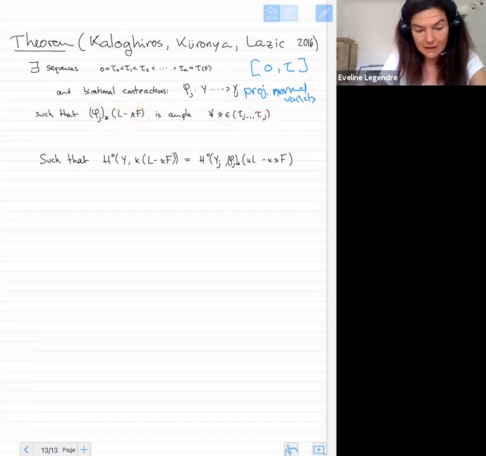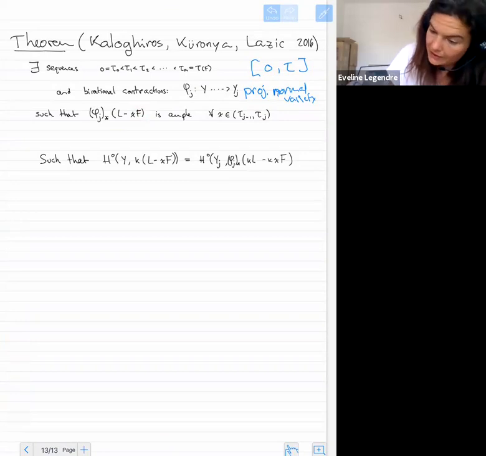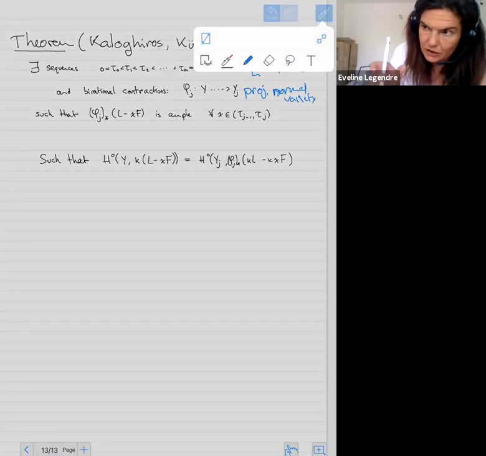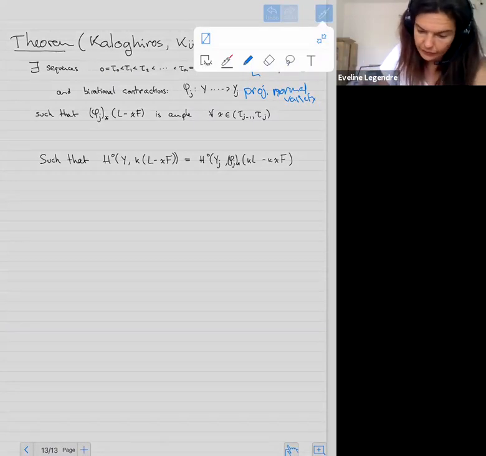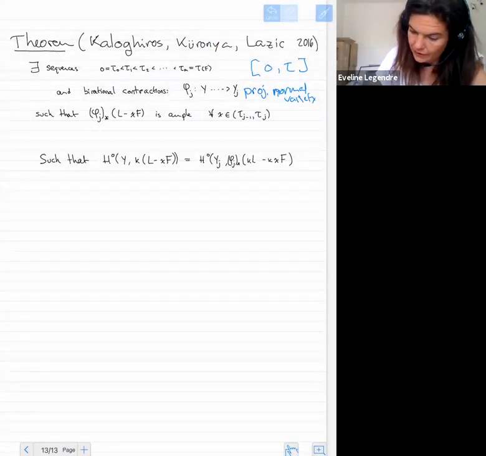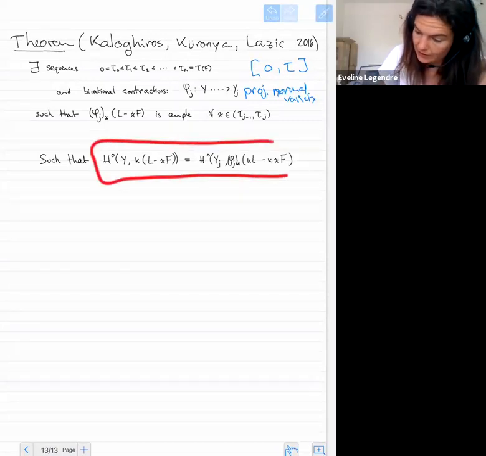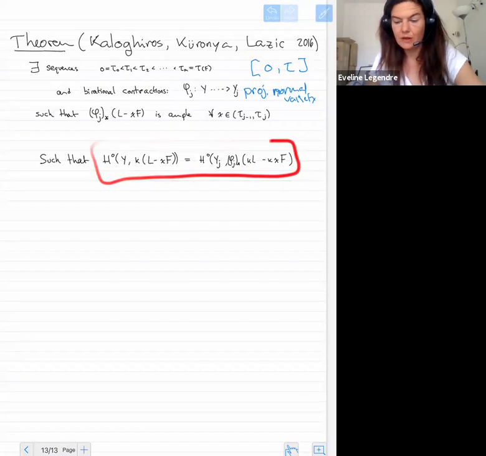This is what we use, and also what happens on the boundaries, that it becomes just semi-ample.